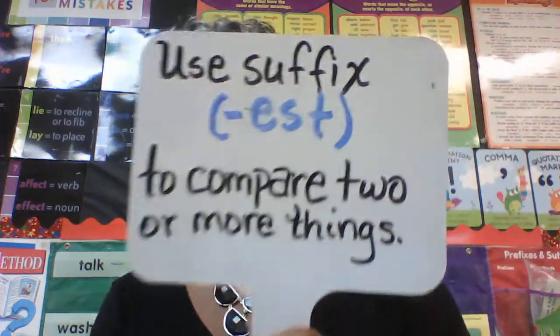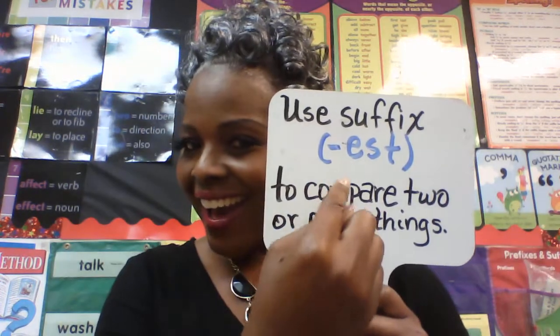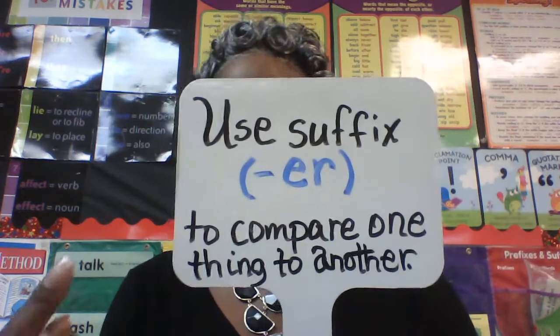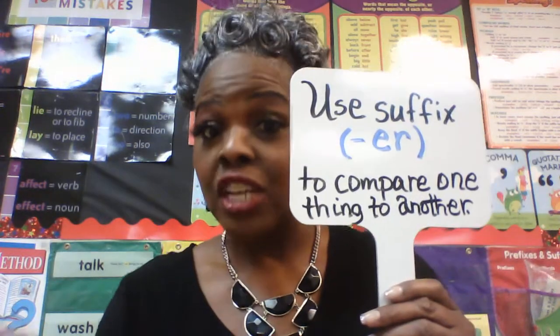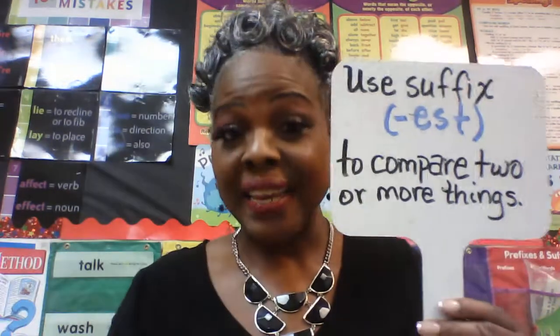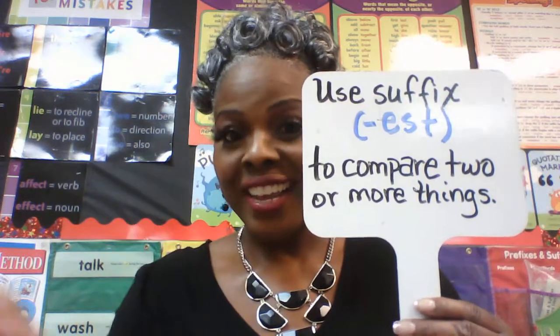And we will use suffix est to compare two or more things. Again, what's the rule? Use suffix er to compare one thing to another. Use suffix est to the end of a word to compare two or more things.